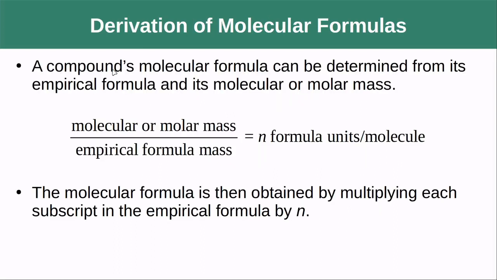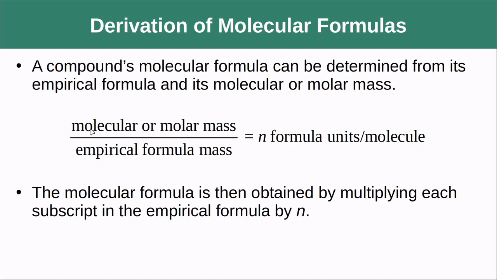Now, once we're given the empirical formula, we need an extra little bit of information in order to get the molecular formula. What we need is that empirical formula, and we need the molecular or molar mass of the compound. There are a lot of clever ways to experimentally get the molar mass of a compound as well.